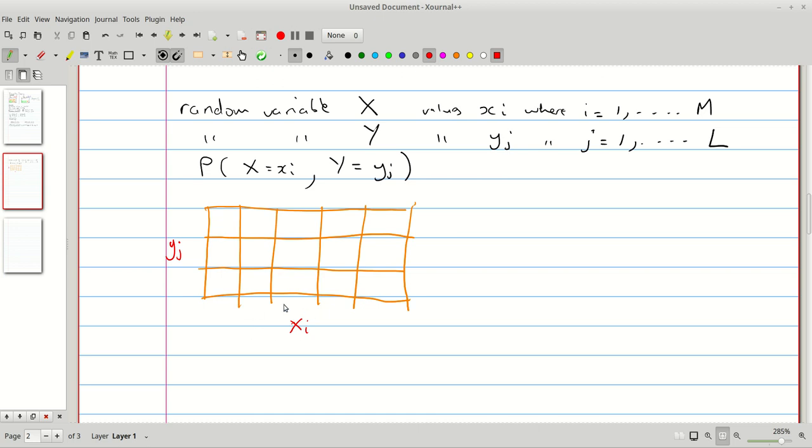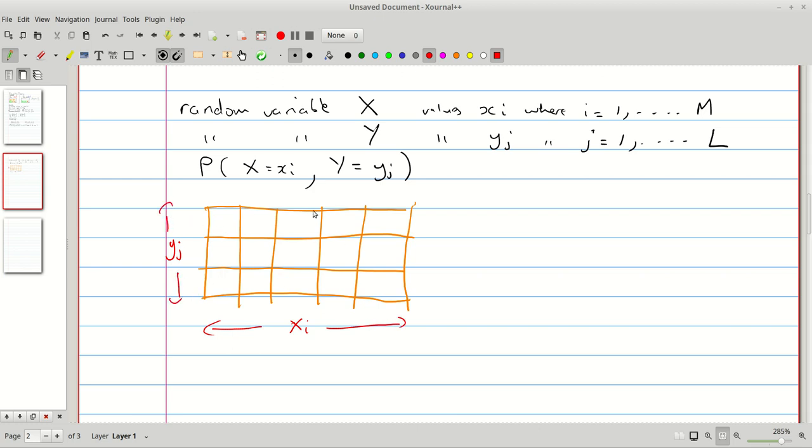So these are the possible values that xi can take. xi can take values between 1 and m, and yj between 1 and l. So these are the possible values that these things can take. Let's just consider them as the x's.